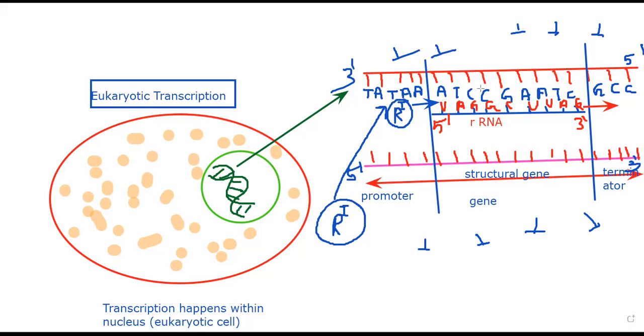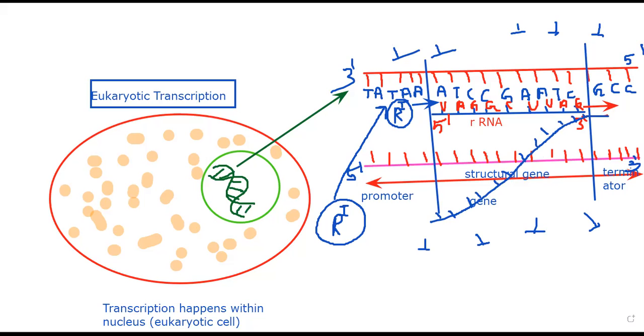As long as we are sensing this terminator code, this transcription will be stopped automatically. It's an auto process. As long as your transcription has stopped, your rRNA will come out normally from the pores of the DNA. Okay, there are certain pores in the strand of the DNA, and your beautiful rRNA came out.